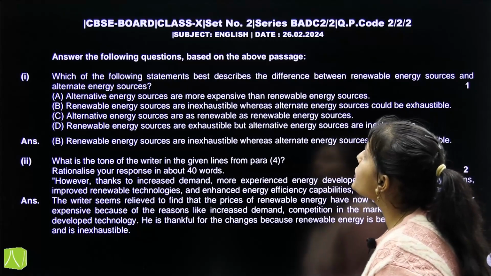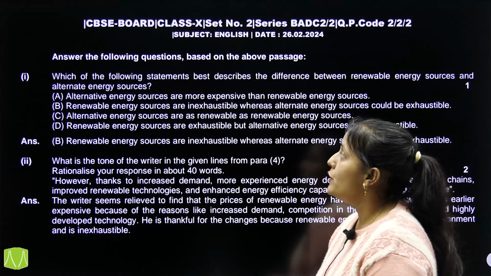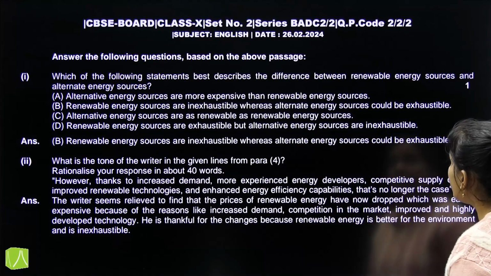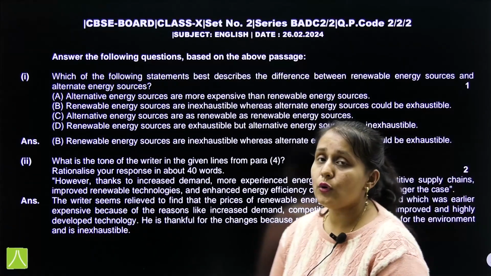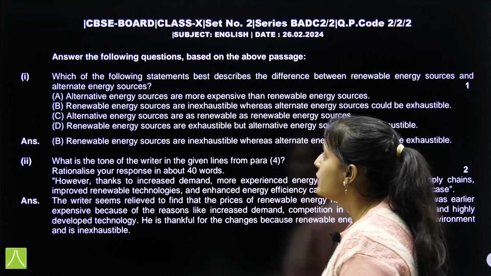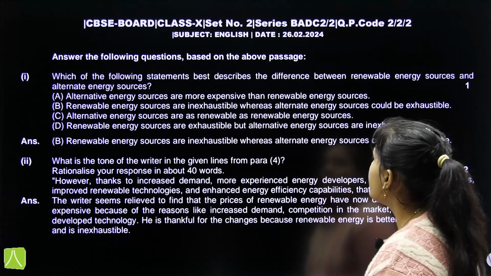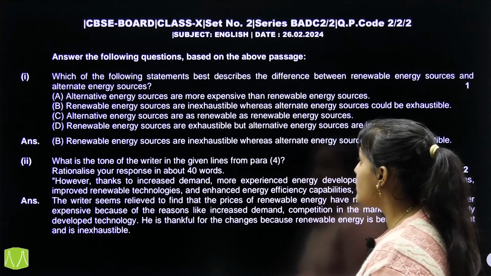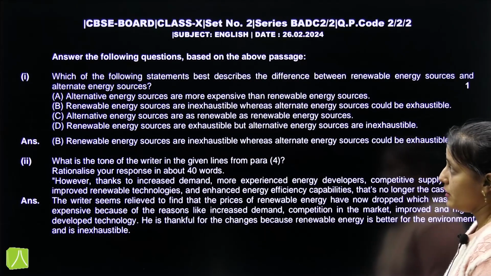Answer the following questions based on the above passage. First question was, which of the following statements best describes the difference between renewable energy sources and alternative energy sources? The four options given to you were: alternative energy sources are more expensive than renewable energy sources. Renewable energy sources are inexhaustible, whereas alternative energy sources could be exhaustible.